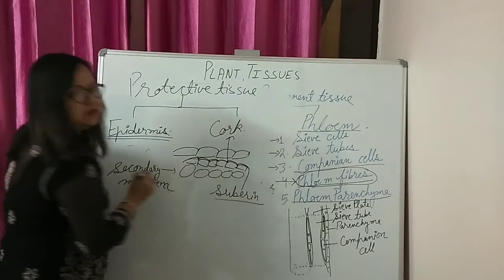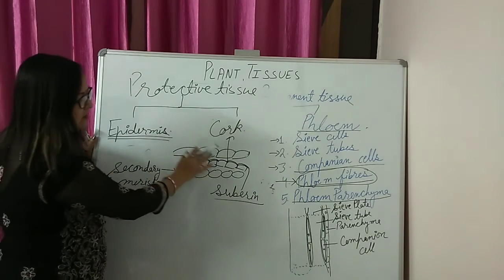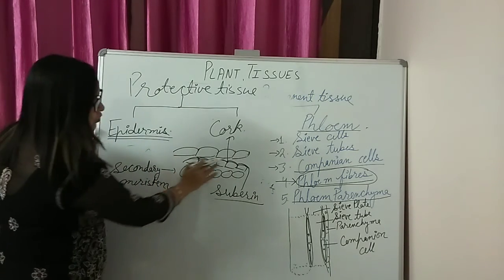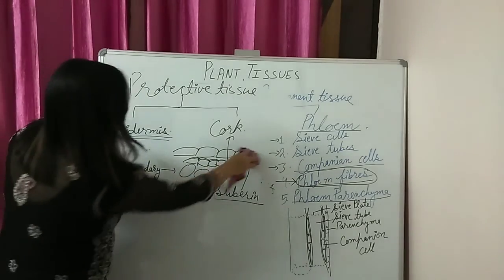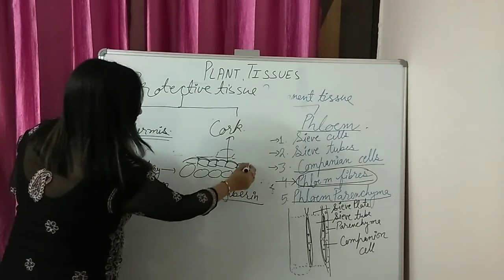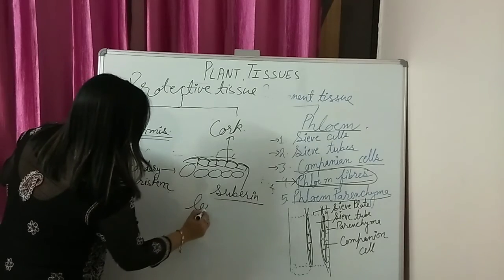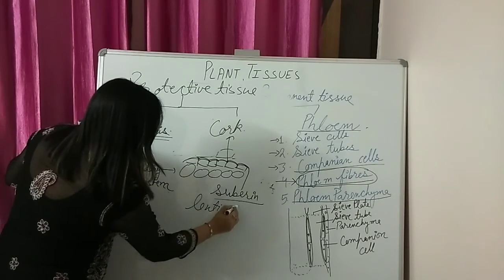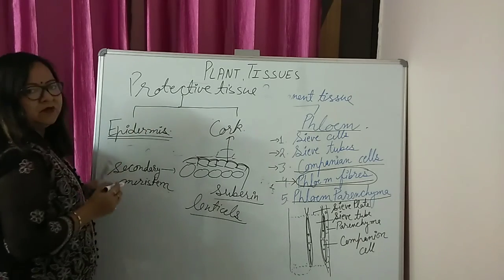Suberin is impervious to gas and water. Due to this secondary growth, the epidermis ruptures and is replaced by the cork, and for the exchange of gases, because suberin is impervious to water, they have lenticels. Okay, this is about the protective tissue.